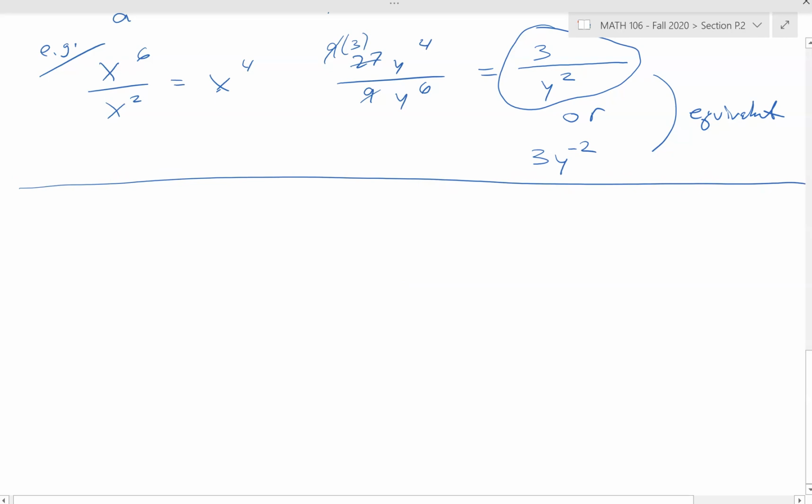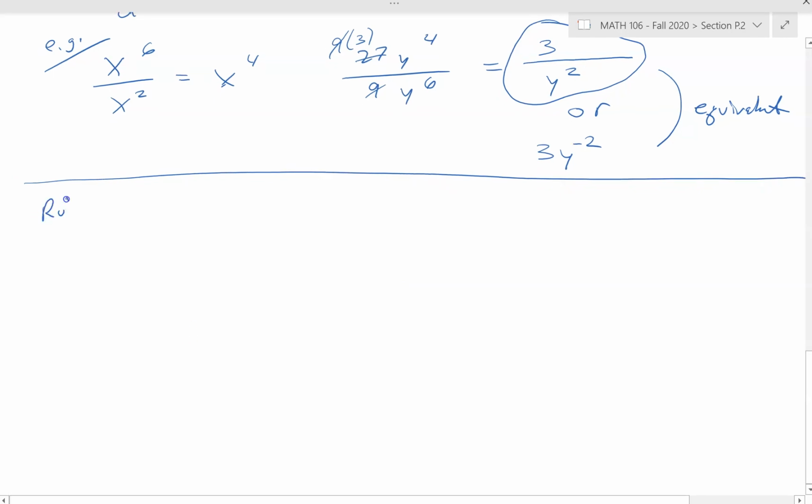All right, next rule. Let's say we have a base, A, and we are raising it to the m power.